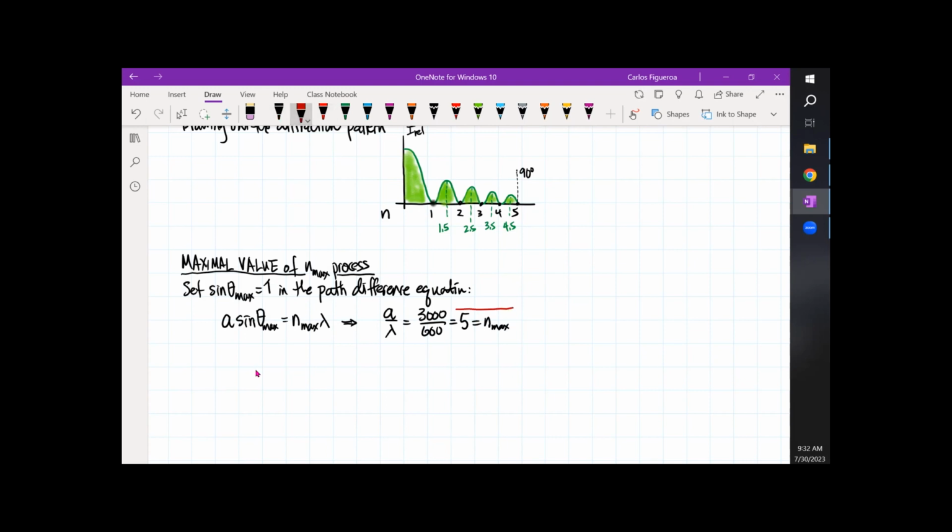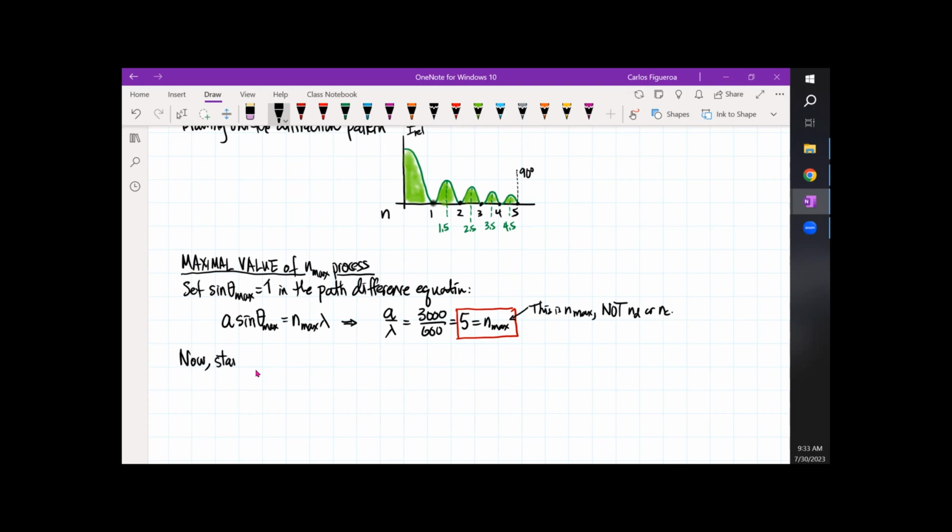Okay, we now have Nmax. I said this already, but I want to remind you that this is Nmax, not Nd or Nc. And as before, because this is an integer, we know that the end has to be a maxima.